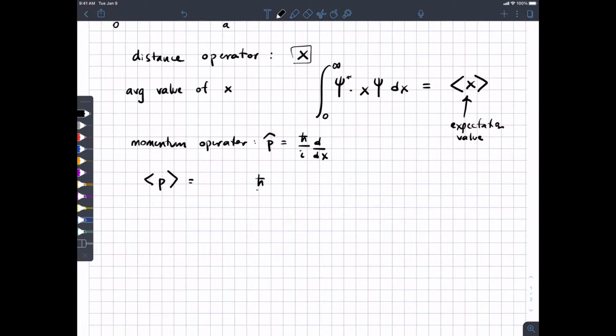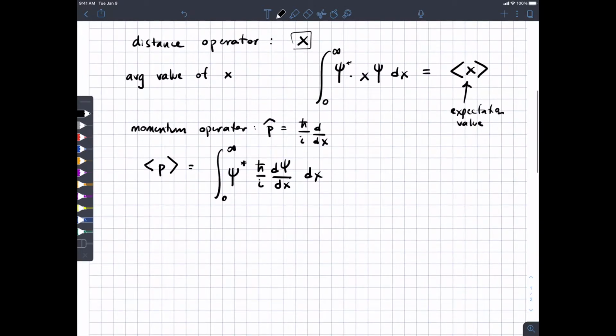So that's h bar over the imaginary unit, first derivative of the wave function with respect to x. We multiply that by the complex conjugate and integrate that over all space, and we get the momentum. Okay? You can do that with any operator, and you're not going to be doing math to figure out the momentum. You would do this computationally.